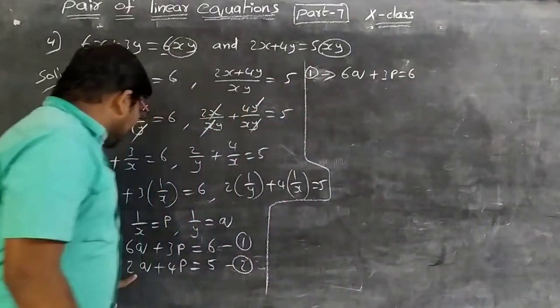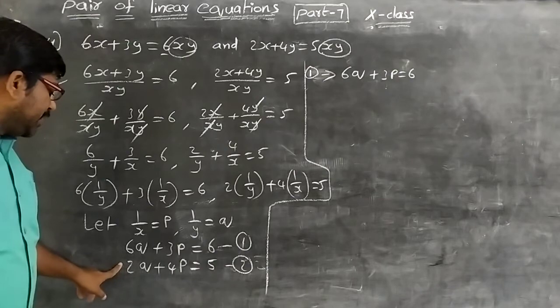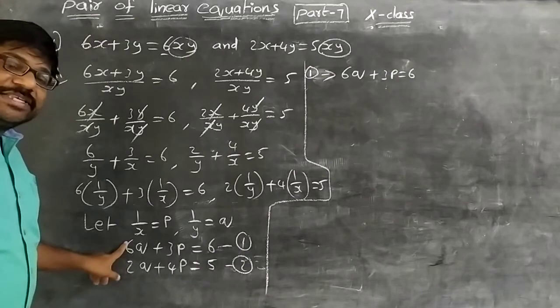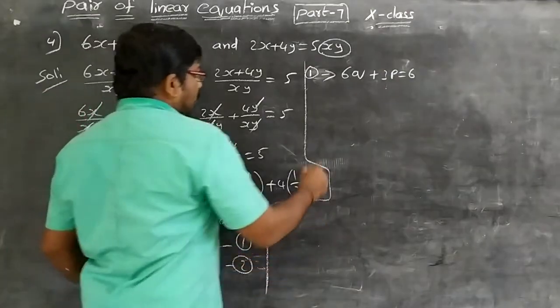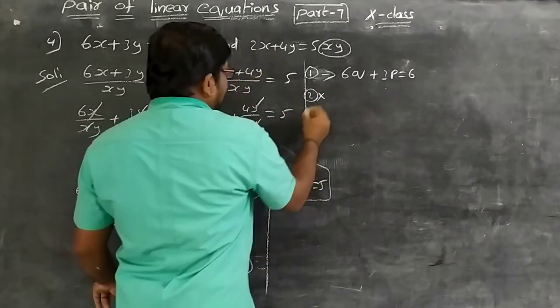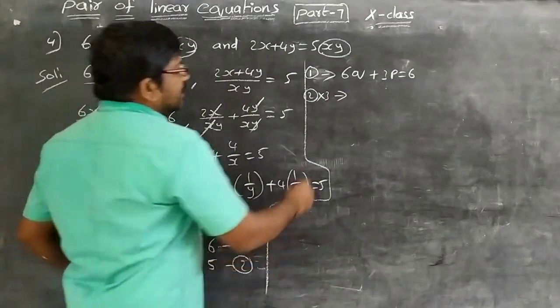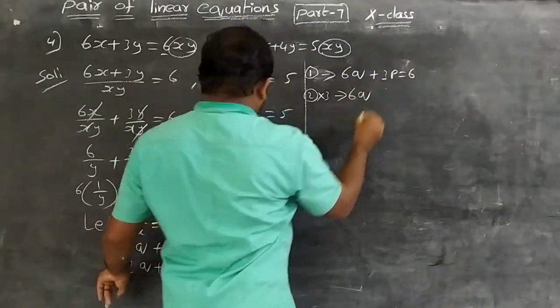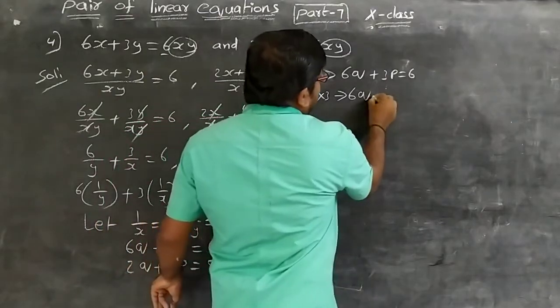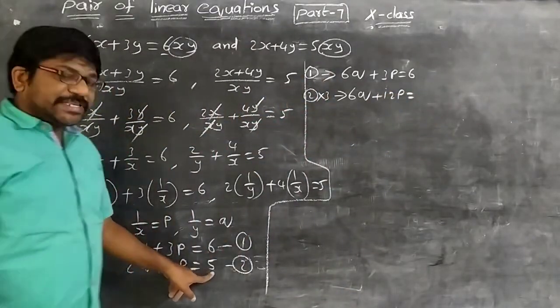And the second equation, multiply with 3, because 3 twos are 6, so 6 and 6 are the same. Equation 2 into 3: 3 twos are 6q plus 3 fours are 12p is equal to 3 fives are 15.